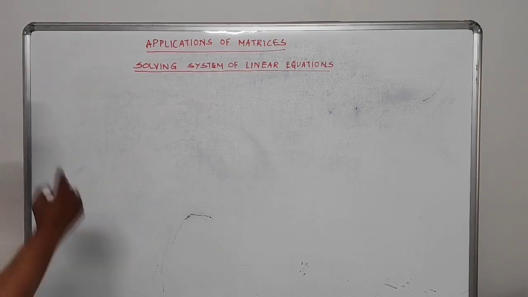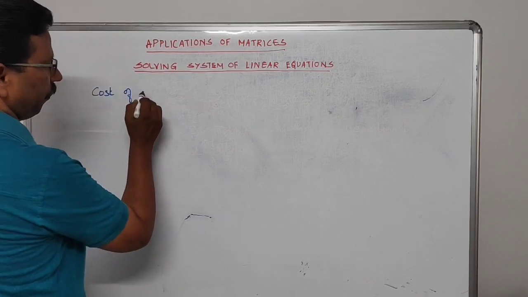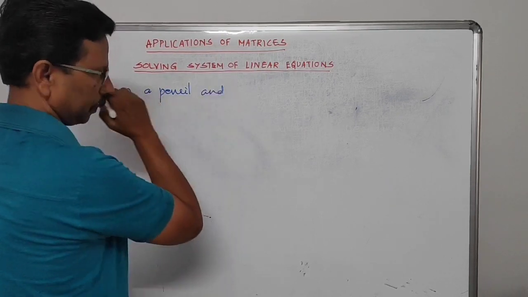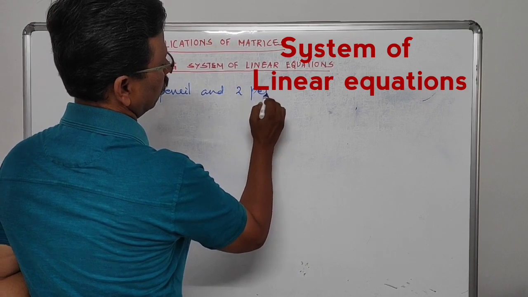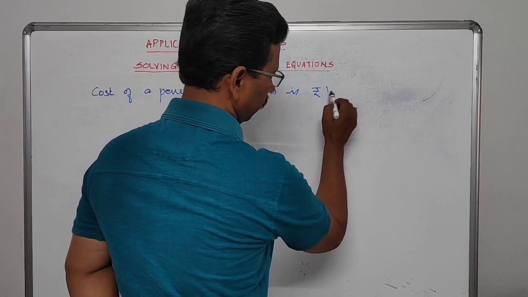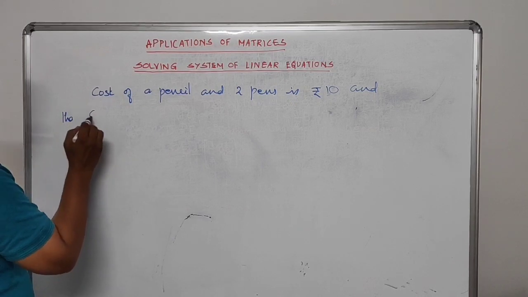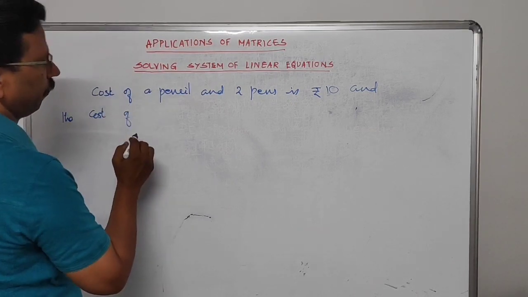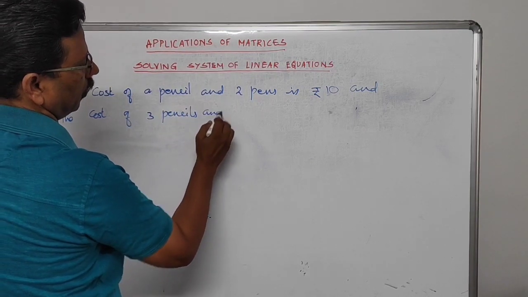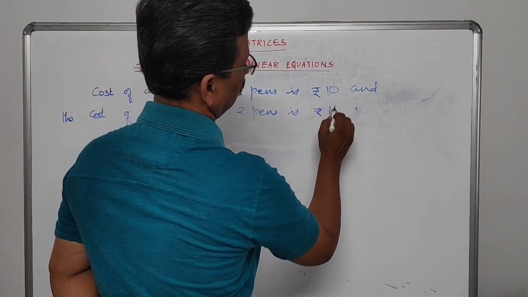First, let us consider an example. The cost of a pencil and 2 pens is rupees 10, and the cost of 3 pencils and 2 pens is rupees 14.